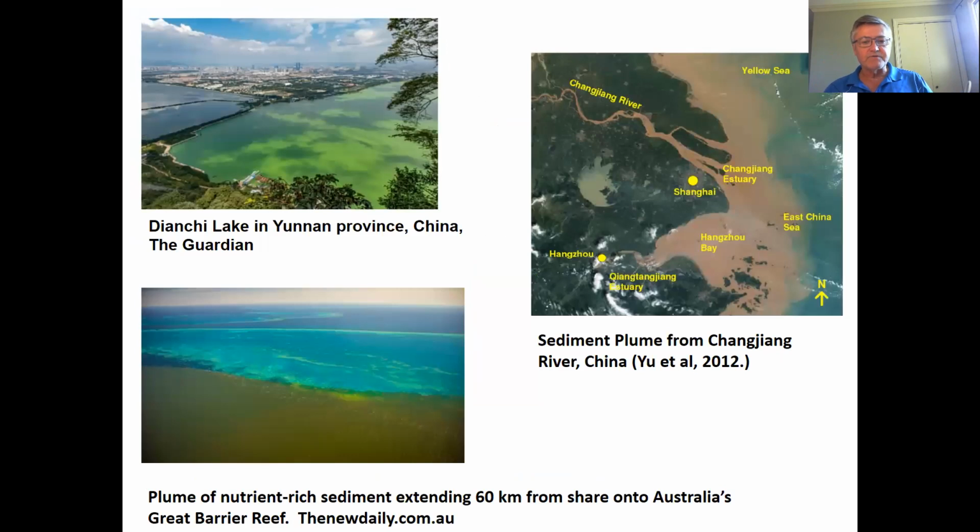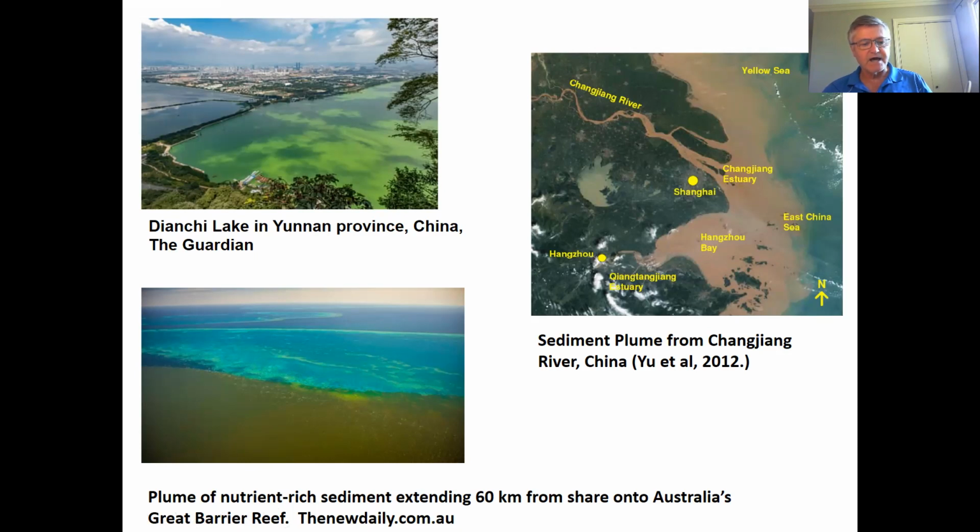I showed the top two photos before, about water quality and agriculture interactions. We have two locations in China: in Yunnan province in southern China, the Dianchi Lake, and then a plume of sediment extending into the East China Sea from the Changjiang River. On the bottom left-hand corner, I have an example from the Great Barrier Reef in Australia.